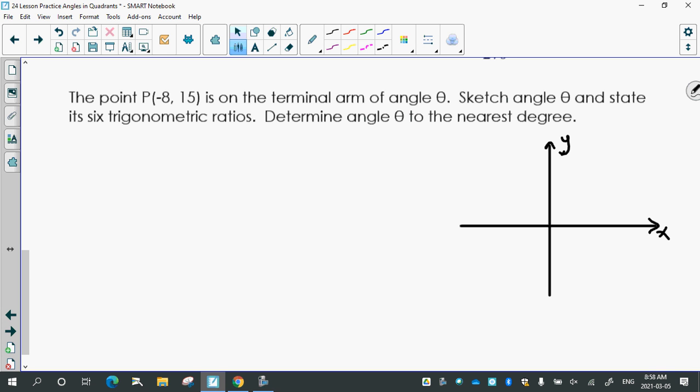It would be in the second quadrant. So I draw a terminal arm in the second quadrant. Arrow on the end. Pick a representative point along it, and then draw a vertical line to the x-axis to make a right angle triangle.